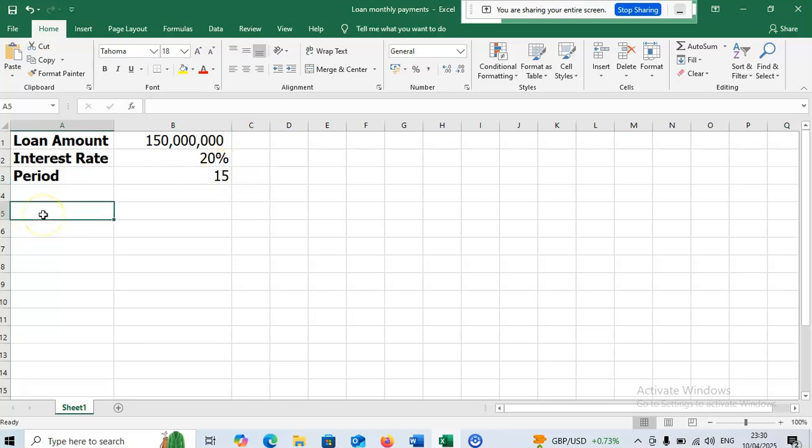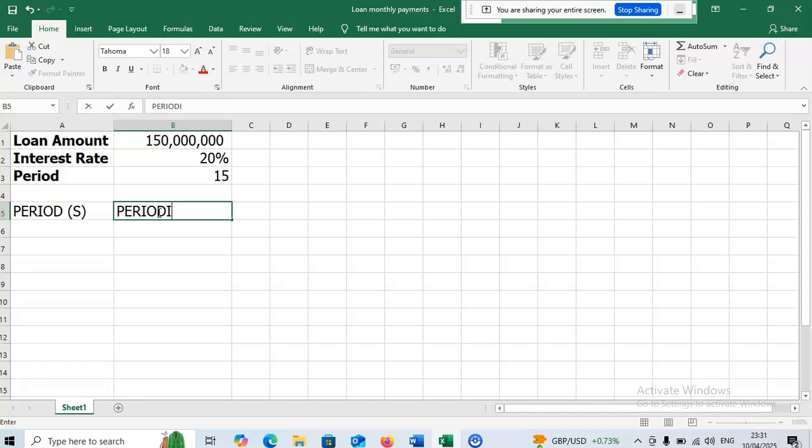Let us now create the template of the loan amortization. We begin with the period, or periods. That is the first column. Our second column is periodic payment.